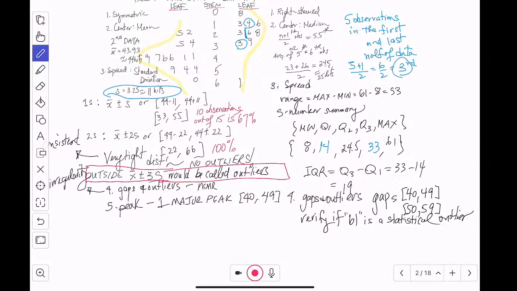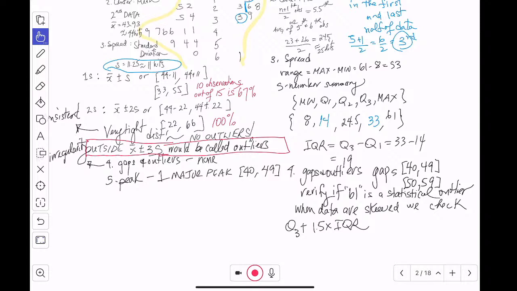So when data are skewed on the right, we have to check if there's data outside of Q3 plus 1.5 times IQR.